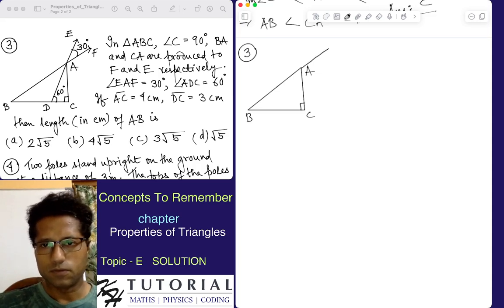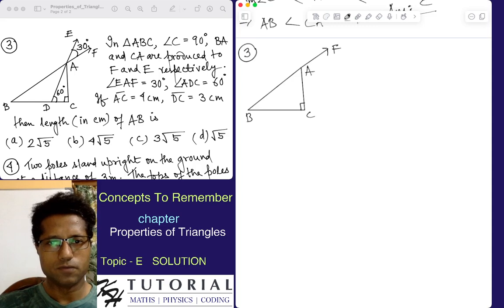So we are producing BA to F, and CA is produced to E. Now if CA is produced to E, it should look something like this. And this angle is given to be 30 degree. EAF is 30 degree and ADC is 60 degree.